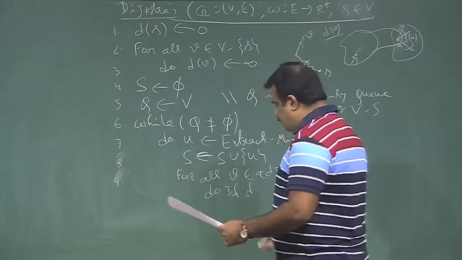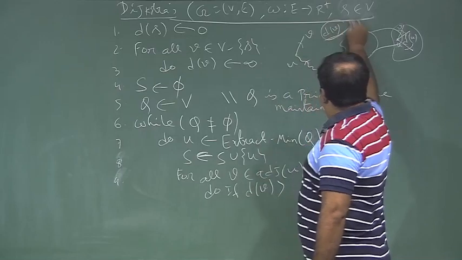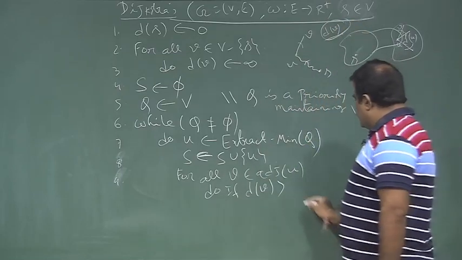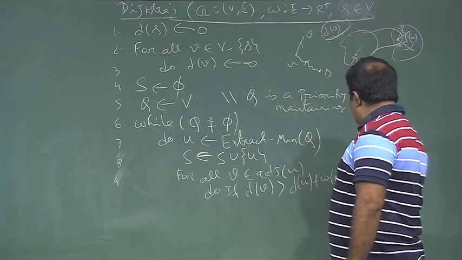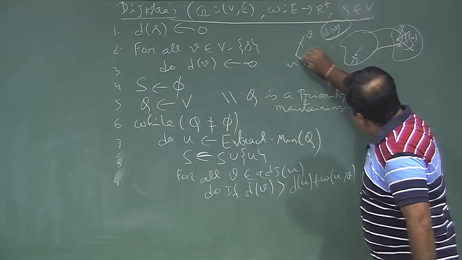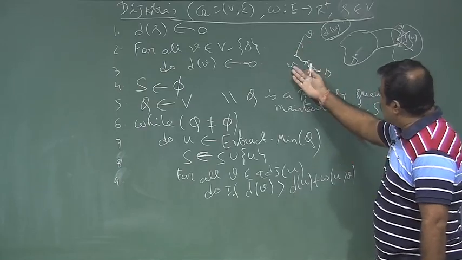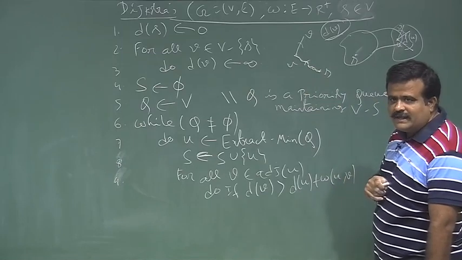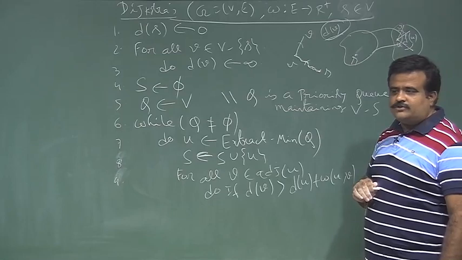Now if the distance estimate of V is greater than d of U plus W of U,V, what do we do? We go from S to U with this path, and that is the shortest path, because once we capture a vertex in S, that distance becomes the shortest path from S to that node.